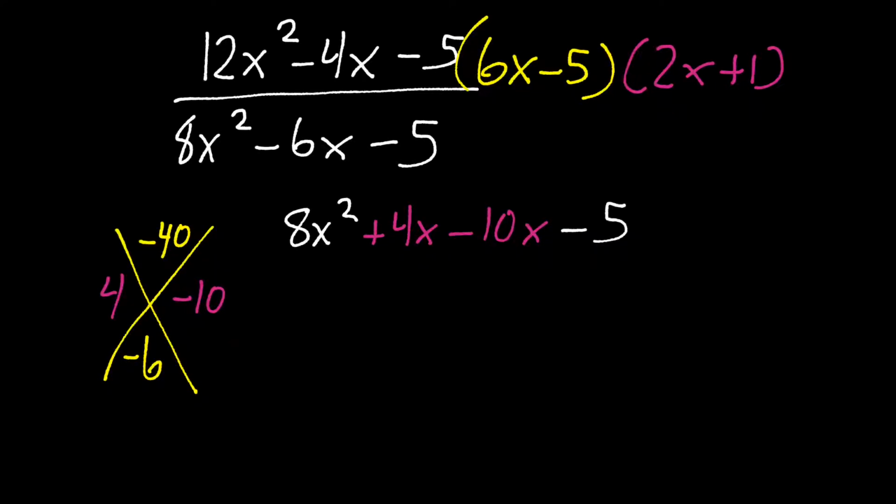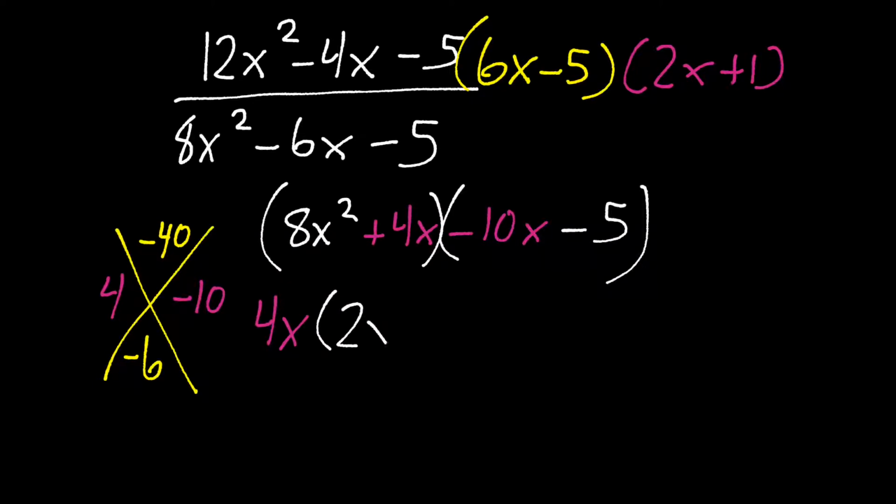Now, we split them into two groups, and we factor from there. So over here, I can pull out a 4x from both terms. So I'm going to have 4x times 2x plus 1.